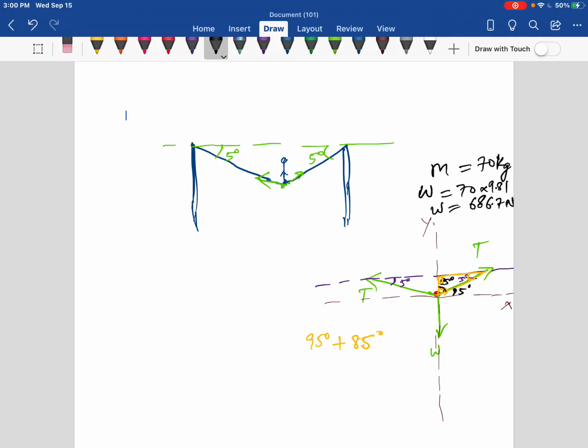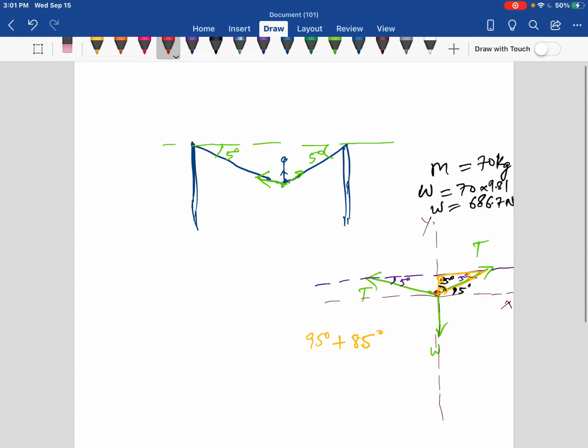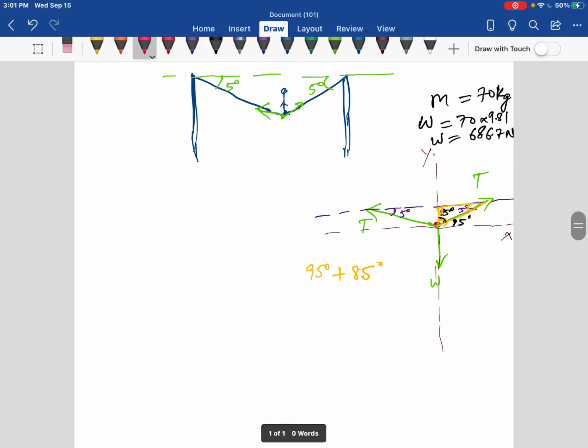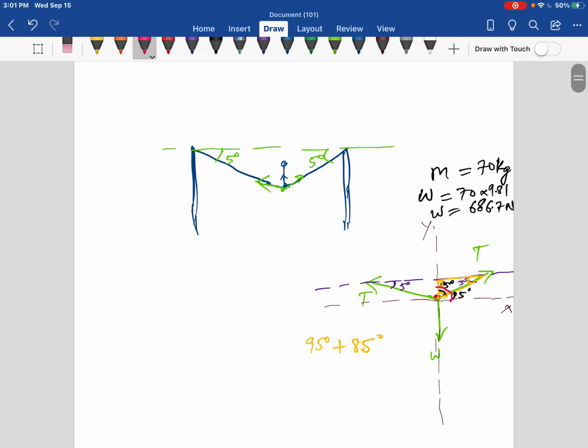Okay, now what about the other force? For the other force, we want that other angle, the bigger angle, this angle right here. To find that angle, we know that this is 5 degrees, so this again has to be 85 degrees, and the remaining part from here to here is just 90 degrees because it's perpendicular.